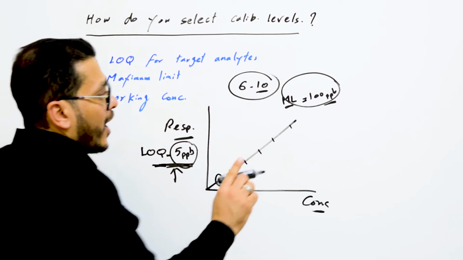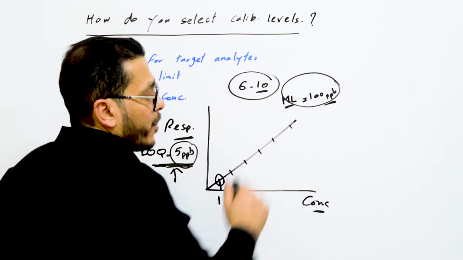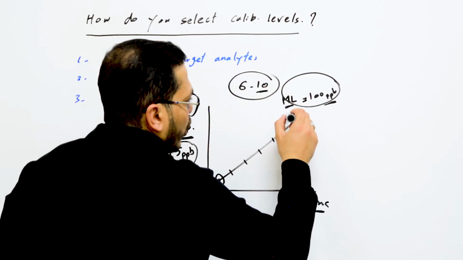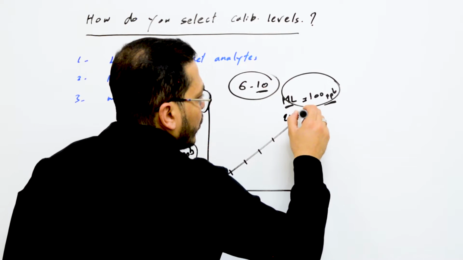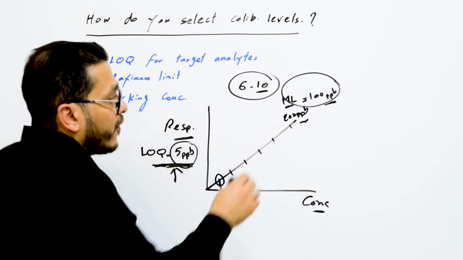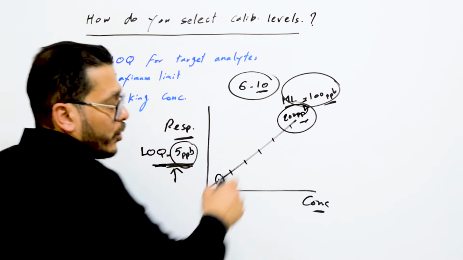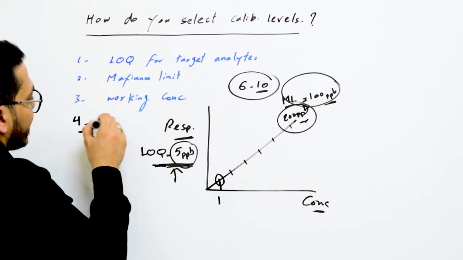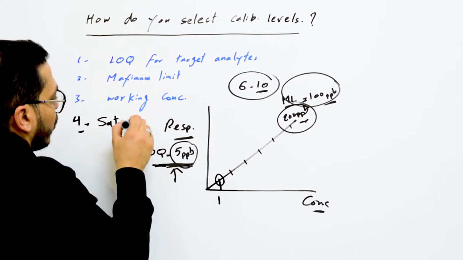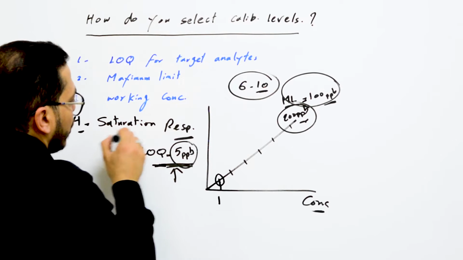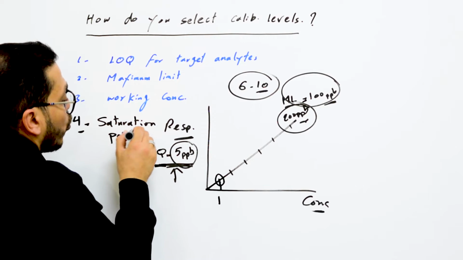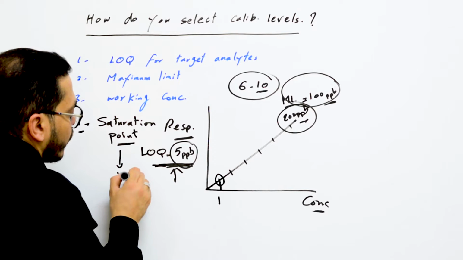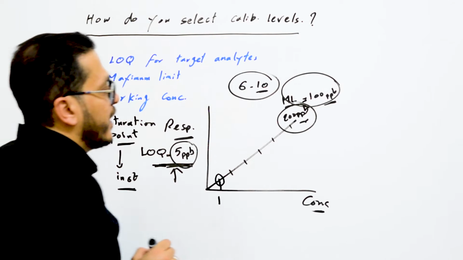So it is better to have 1 point higher than the maximum limit, as an example 200 ppb. Or if you cannot get this point, because it is also very important, you should include another point, which is the saturation point for the instrument. That I will explain now.